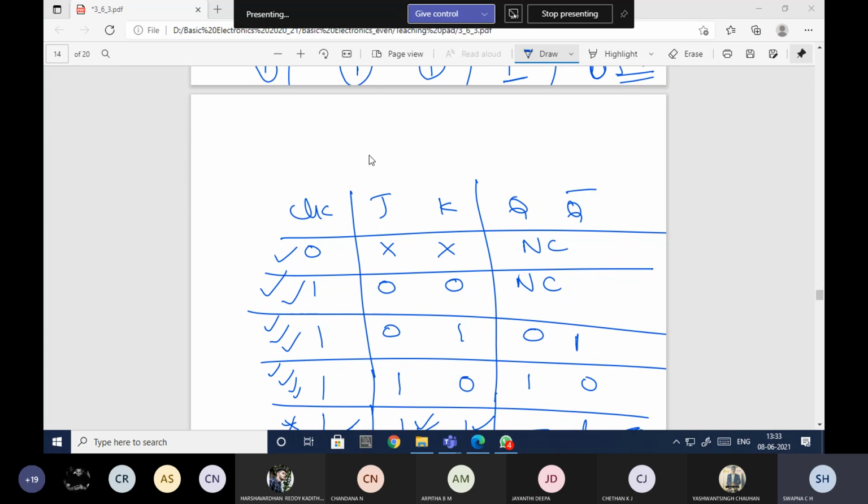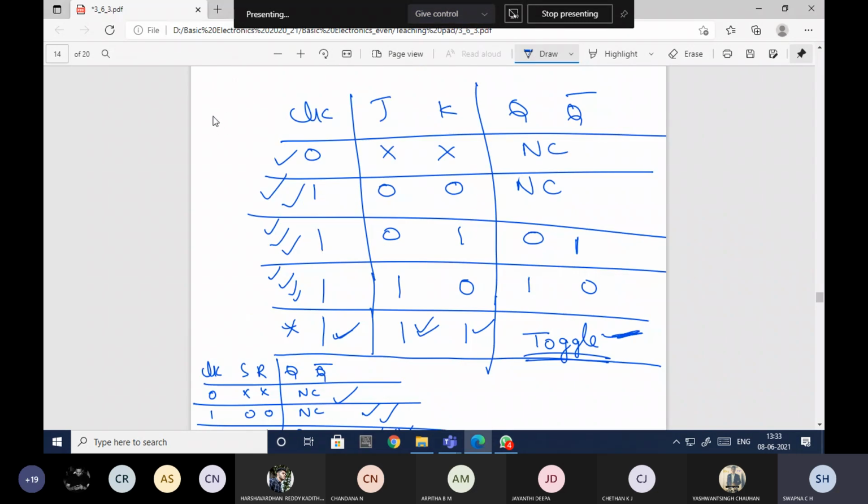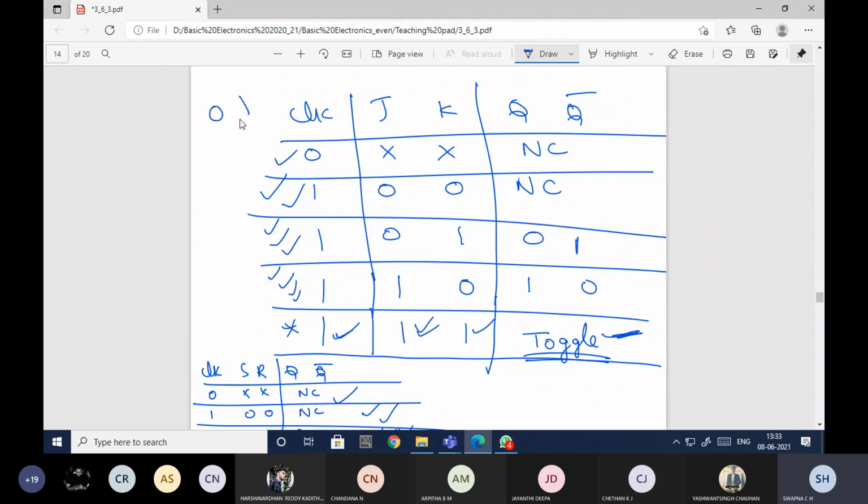Toggle in the sense, if the present state is 0, the next state will be 1. If the present state is 1, the next state will be 0. That is what will happen when clock is equal to 1, J is equal to 1 and K is equal to 1. So that's why I've written it as toggle.